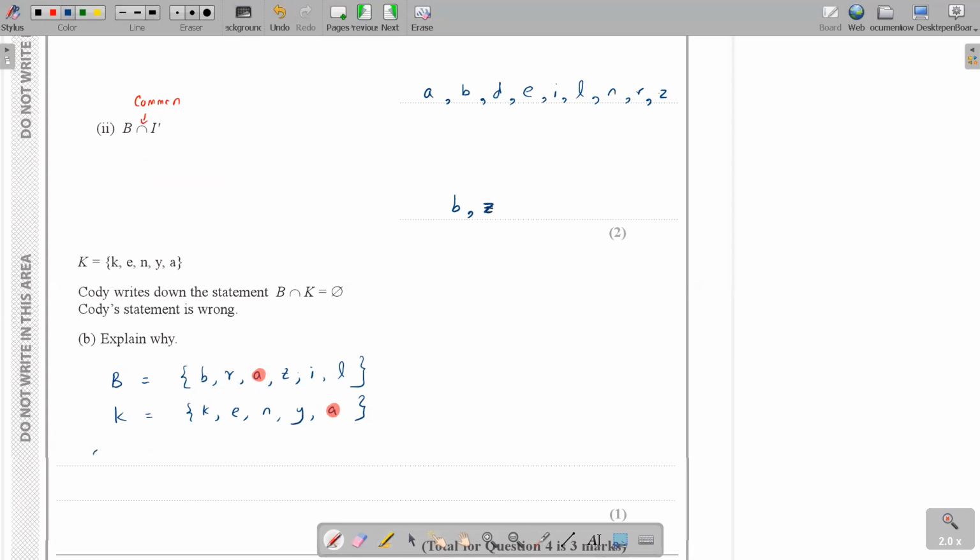So you can see the letter A is a common element in both sets. Therefore, B intersection K is not a null set.